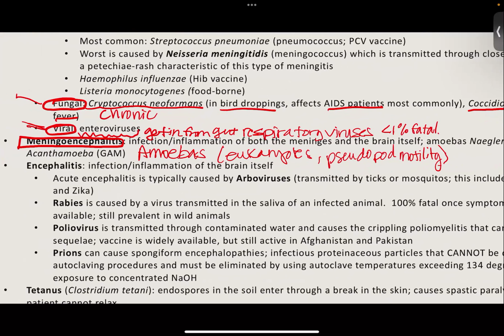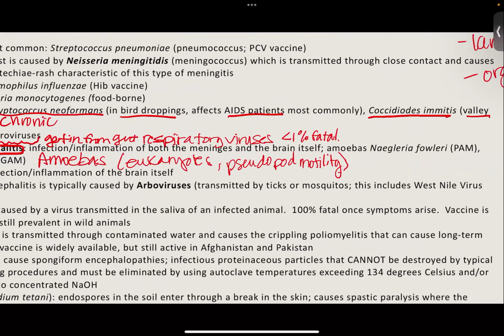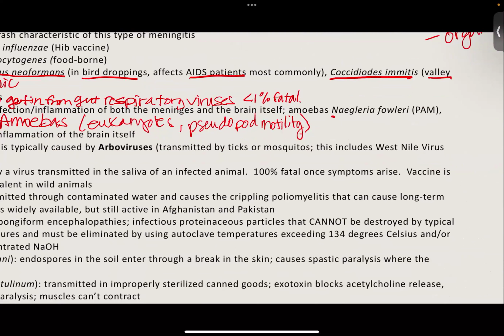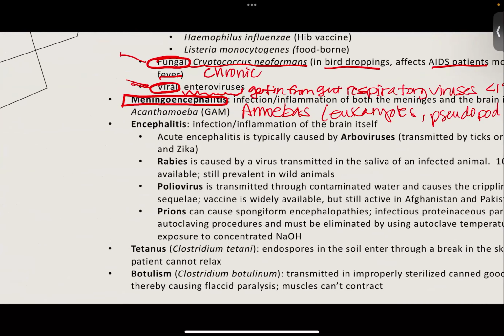So you get inflammation of the meninges and the brain, which is encephalo. Okay, so meningoencephalitis, inflammation of the brain and the meninges. We have our amoebas, Naegleria fowleri, which is the cause of PAM, or primary amoebic meningoencephalitis. I'm not going to write that down right now because it's too much space.